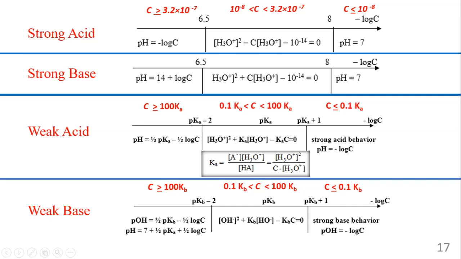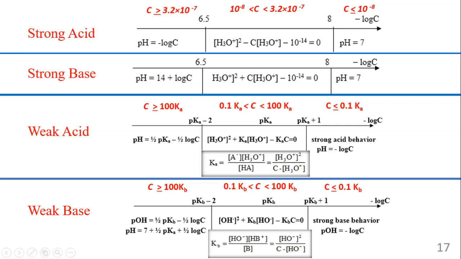Then, in between, when the concentration is less than 100 Kb, but greater than 0.1 Kb, then we use the quadratic. Now, like I said, we can still calculate the pH even if I use the quadratic equation for anything. For any condition, I can use the quadratic and get a good pH.